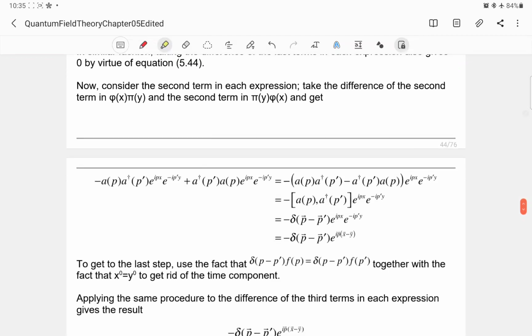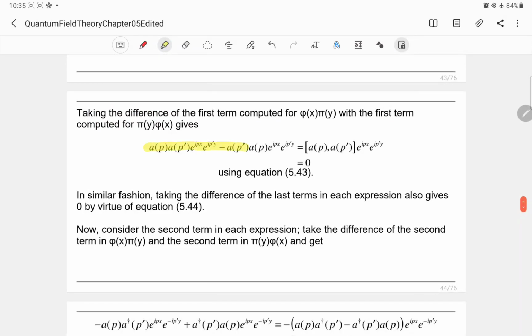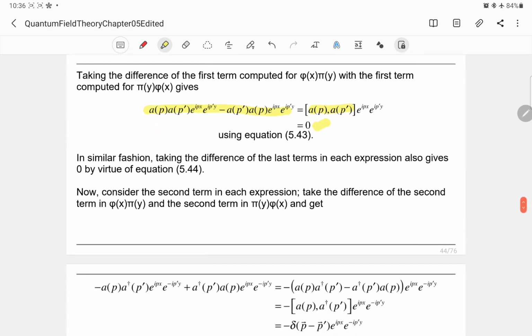And now we have this one for the first term, and since they follow the simple harmonic oscillator commutation relation, this one is equal to 0, and that is also true for the last term, the fourth term.